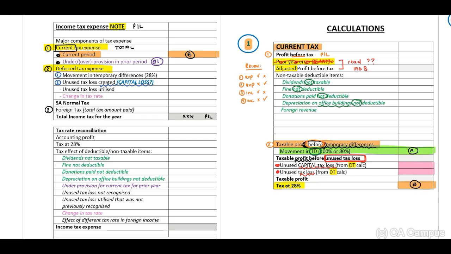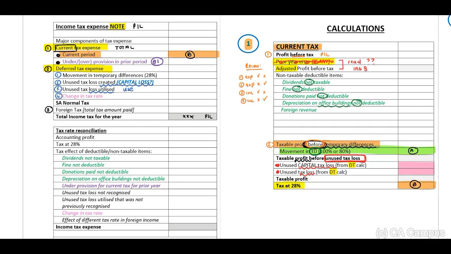What does this mean, created? We create a loss this year that we want to use in a future year. Number 3, unused tax loss utilized. We use this. And number 4, if there is a change in tax rate.